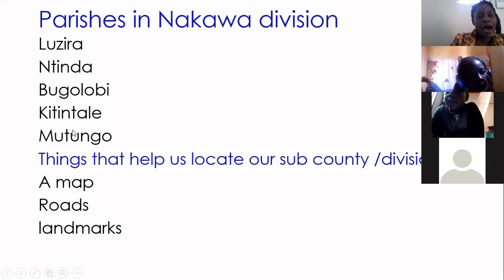Then we also have Mutungo Zone. Remember, I've said that parishes can as well be called zones. So we are looking at the parishes or zones in Nakawa.